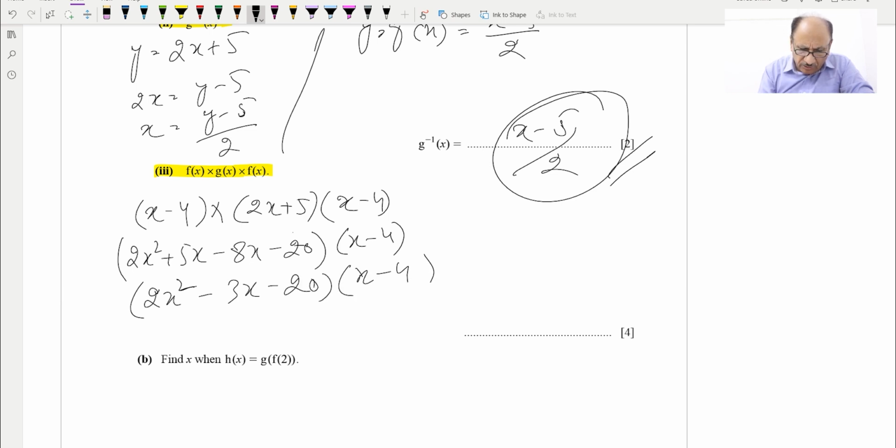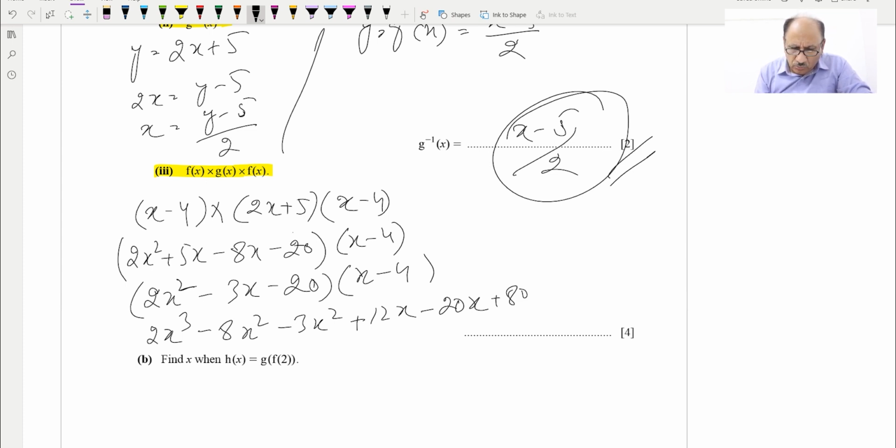And now we can open the bracket. So 2x square into x will be 2x cubed, then 2x square into minus 4 will be minus 8x square, and minus 3x into x will be minus 3x square, and minus 3x into minus 4 will be plus 12x, minus 20 into x will be minus 20x, and minus 20 into minus 4 will be plus 80. Yes.